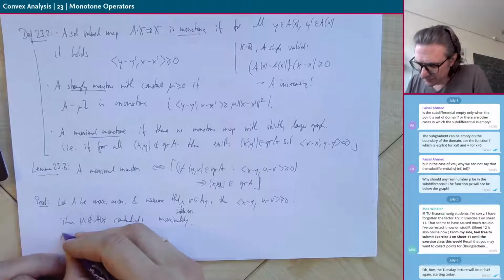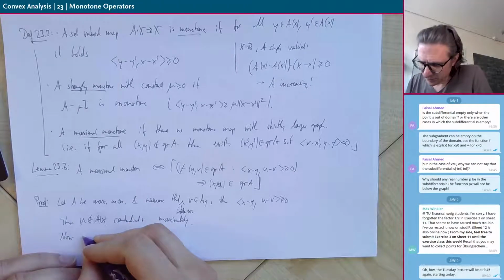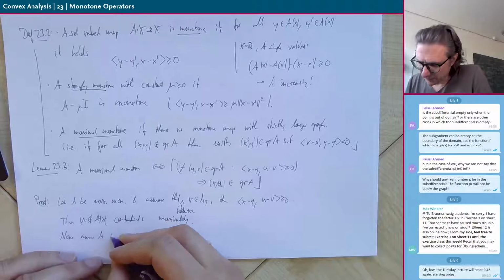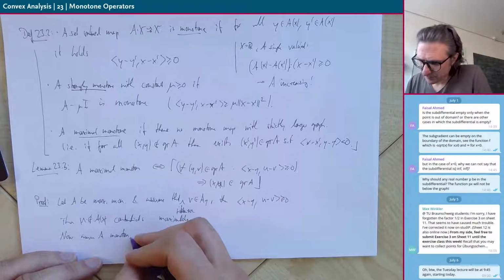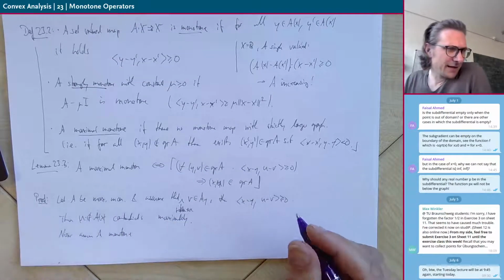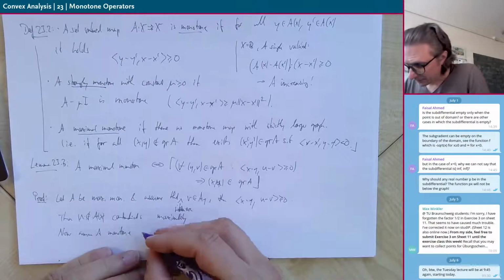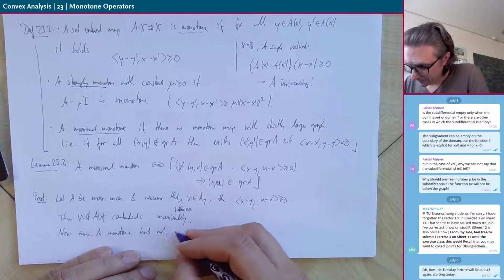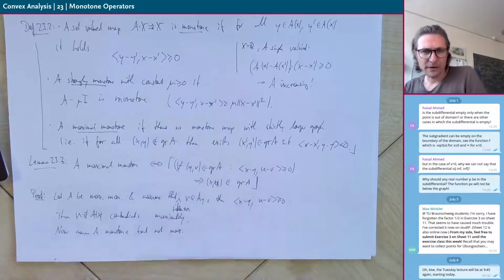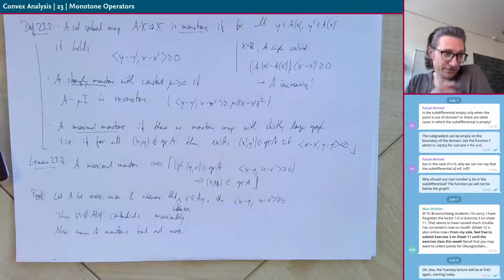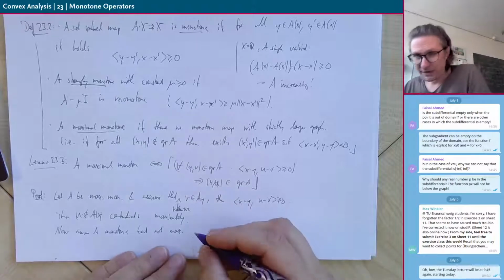Now assume for the converse implication that A is monotone, but not maximally so. Monotone, but not maximally monotone. So then you can enlarge it.